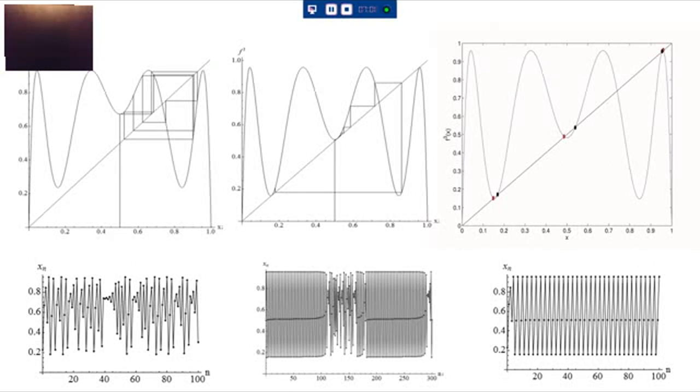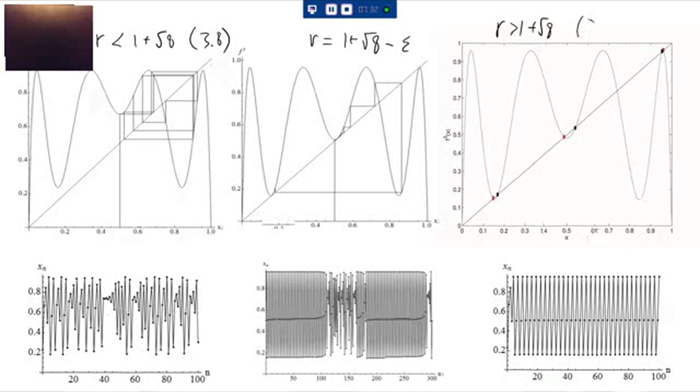And now here are some illustrations. So here we have r very close, let's say, to 1 plus square root of 8, just slightly less, minus epsilon. This is r less than 1 plus square root of 8. I think here it was 3.8. And here r is more than 1 plus square root of 8.